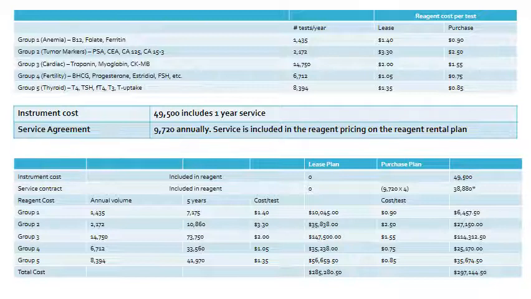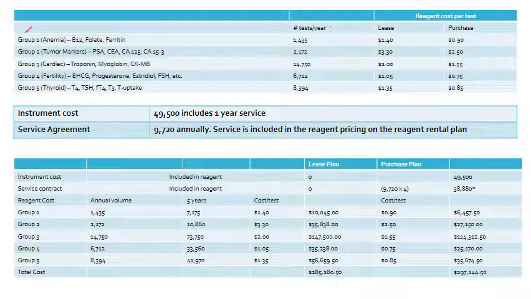When you're a laboratory, you have to figure out whether or not this is going to pay to do this. And so some of the things that you can see here is on a particular instrument, they do 5 different groups of tests. You can see here you have group 1 for the anemia markers, group 2 for the tumor markers, 3 cardiac, 4 fertility, and 5 thyroid. They figure out based on previous years how many tests per year they have in each group.